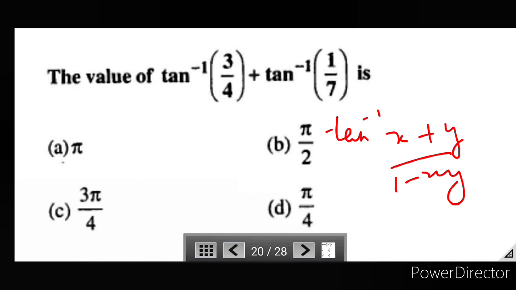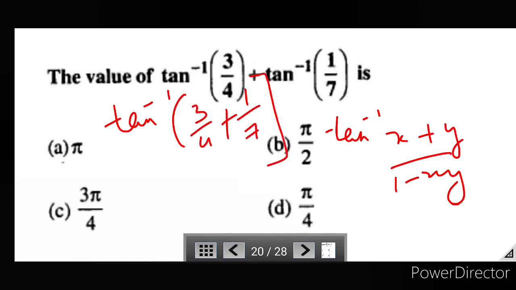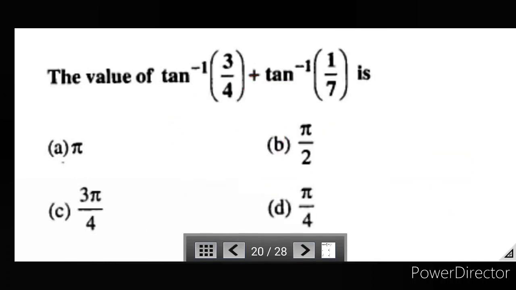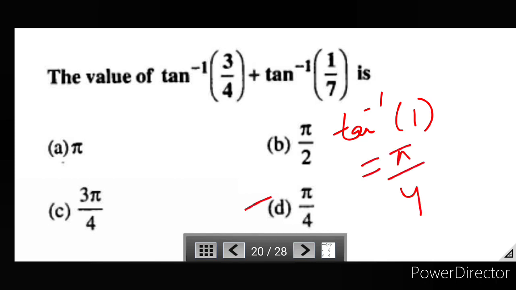So put the values, tan inverse of 3 by 4 plus 1 by 7 divided by 1 minus 3 by 4 multiplied by 1 by 7. Solve this. We get tan inverse 1, which is equal to pi by 4. So D is right option.